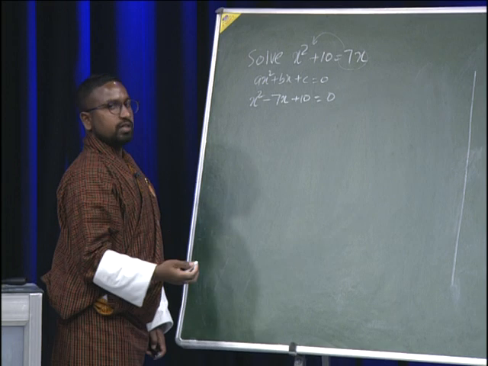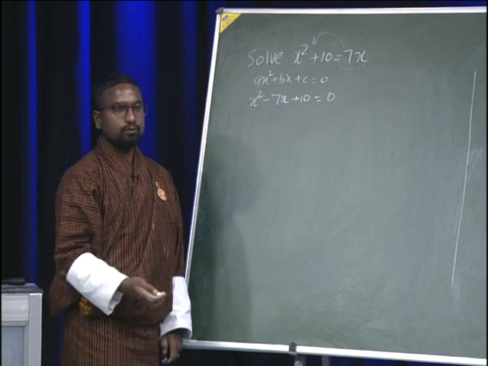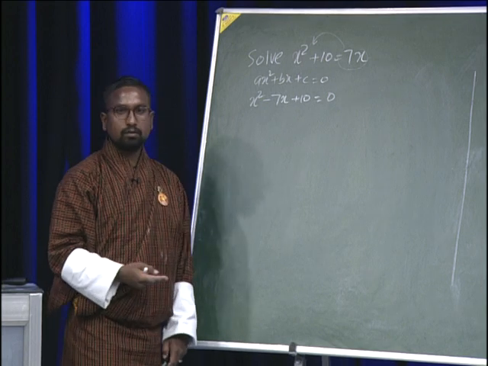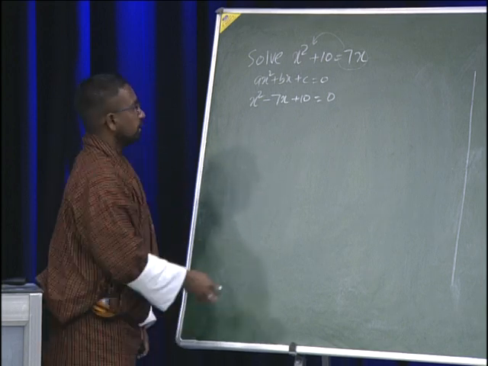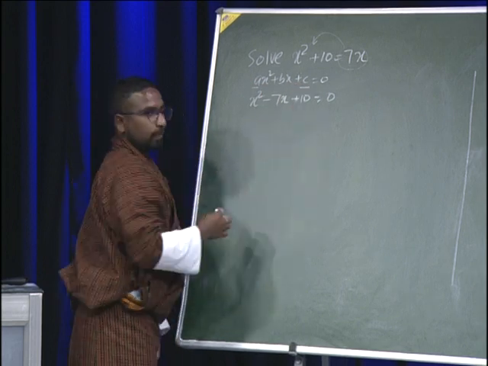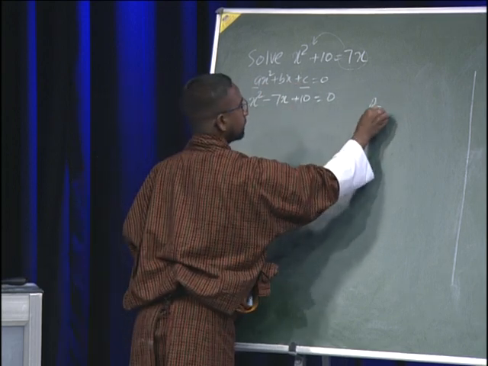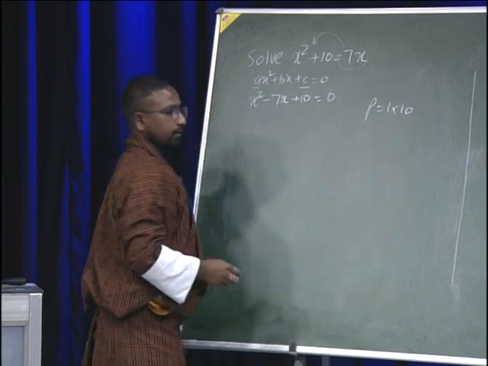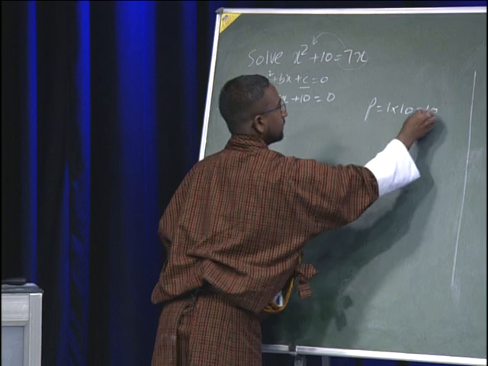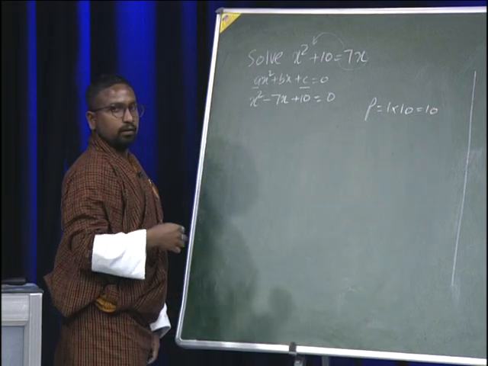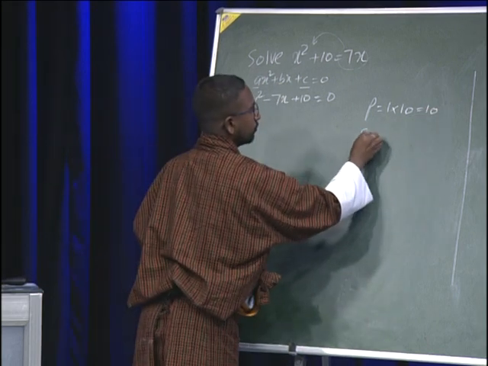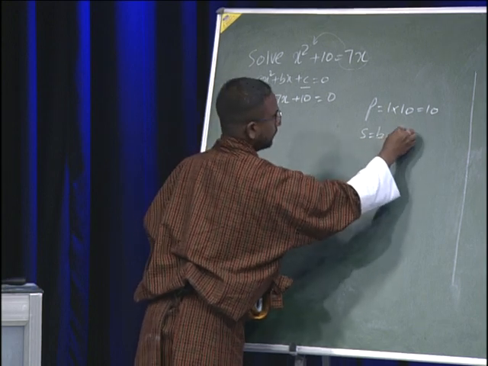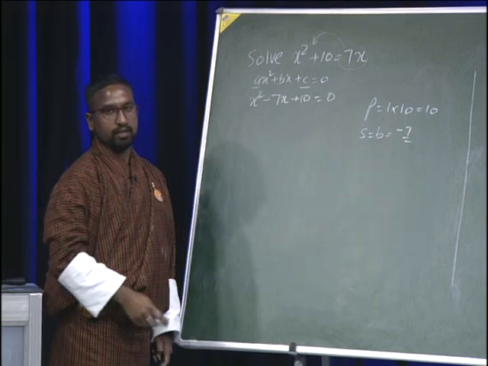When we use the decomposition method, we have to find two numbers whose product will be a times c, so 1 times 10, that will be equal to 10. And the sum of the two numbers should be equal to b, that is negative 7 in this case.